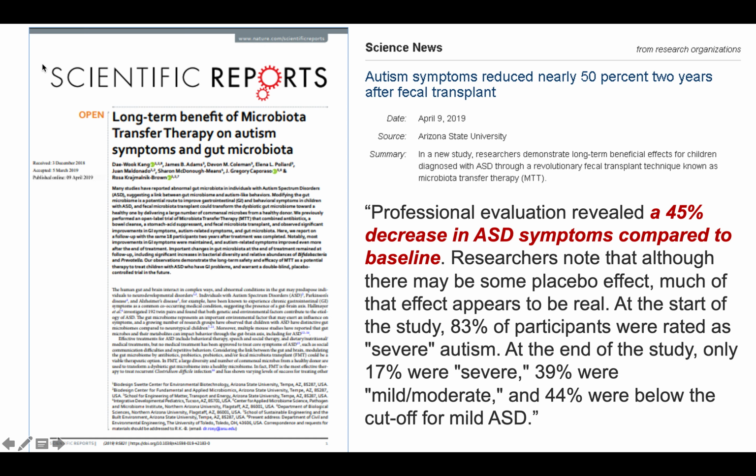And it seems to be very promising. If you see here in the slide, at the start of the study, 83% of the participants were rated as severe. They had severe autism. At the end of the study, only 17% were severe, 39% were mild to moderate, and 44% were below the cutoff for mild autism spectrum disorder. So this could be very, very promising.